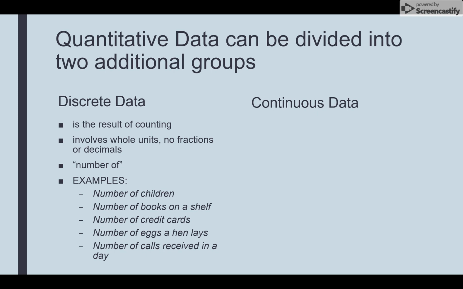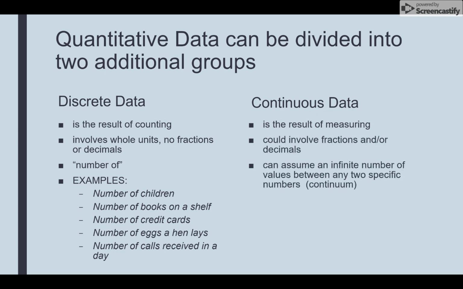Quantitative data can also be continuous. Continuous is the result of measuring. It could involve fractions and/or decimals. The data can assume any value, an infinite number of values between two specific numbers. Again, think about using a ruler and how you can have half units or quarter units or eighths or sixteenths. Again, it can be any value in between.